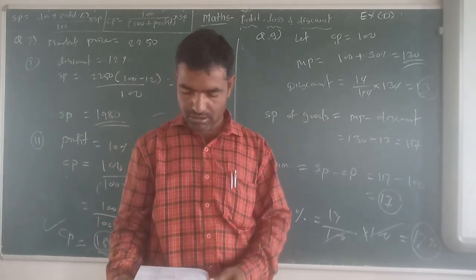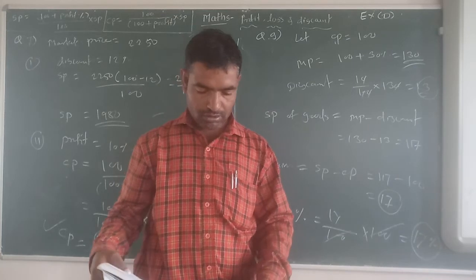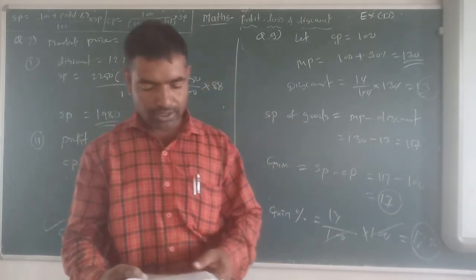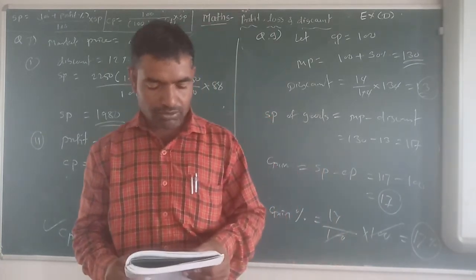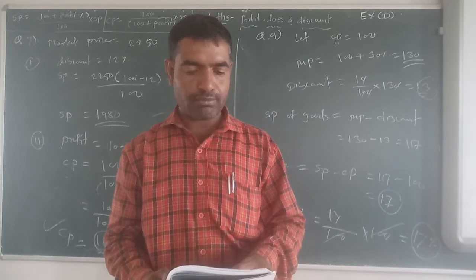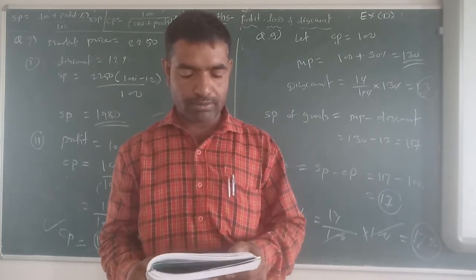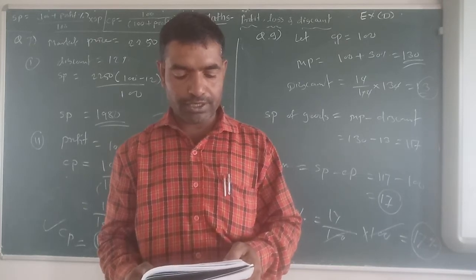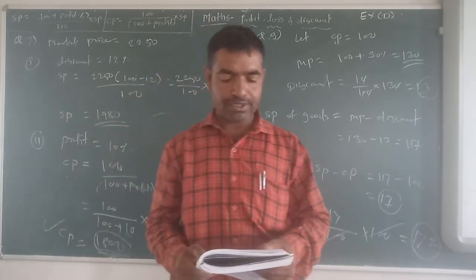Question number 11. In question 11, it is given that at 12% discount, the selling price of the pen is 13.20. Find its mark price, and also find the new selling price of the pen if it is sold at 5% discount.